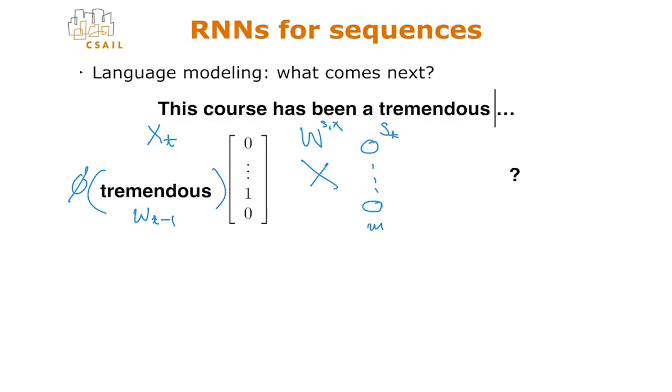Once we have the hidden state activations, we map those into output unit activations that are now the probabilities of the next word that we wish to predict. And we use parameters here, W_o, to perform that transformation. So as a result, we get a vector of values where each coordinate of this vector p_t is the value of the output unit, so the probability of a particular word that would come next at time t.